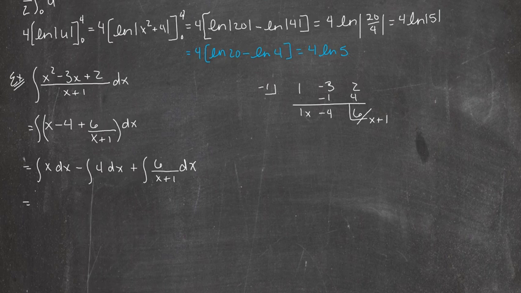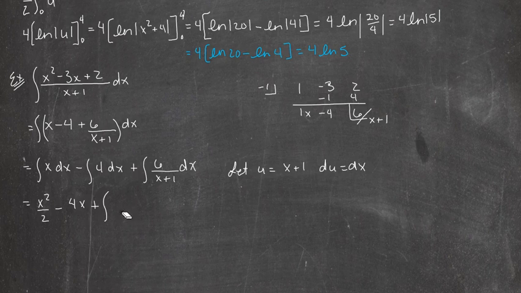So the first two, x squared over 2 minus 4x plus, well, we're going to let u equal x plus 1. So du equals dx. And now I can make my substitution. So I'm looking for the integral of 6.